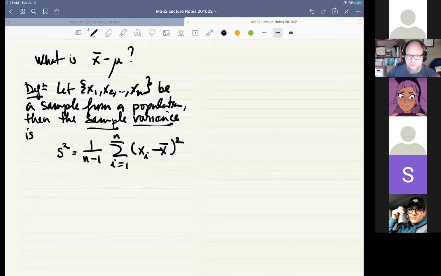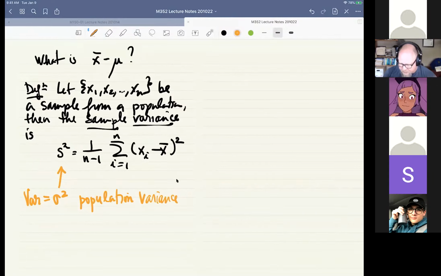That's the sample variance. Now, population variance would be sigma squared, or var. So in statistics, we're going to use a lowercase s to be the sample version of a standard deviation.